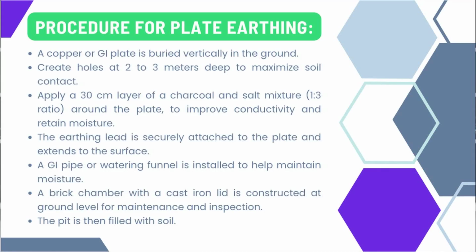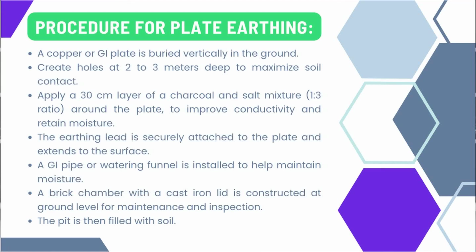A GI pipe or watering funnel is installed to help maintain moisture. After the setup, a brick chamber with a cast iron lid is constructed at ground level for maintenance and inspection. The pit is then filled with soil.